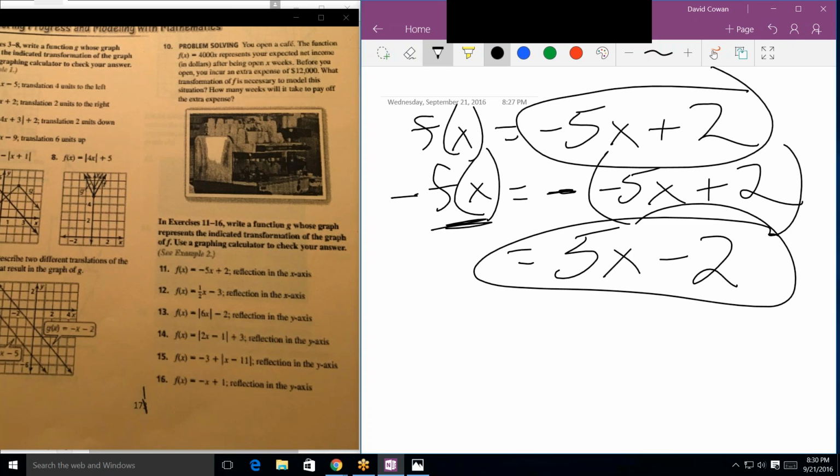Truly the secret to all of these is figuring out this part. In other words, the next one, 12, is also a reflection over the x-axis, so that's going to be minus f of x. A reflection over the y-axis, let's just do 13 real quick.